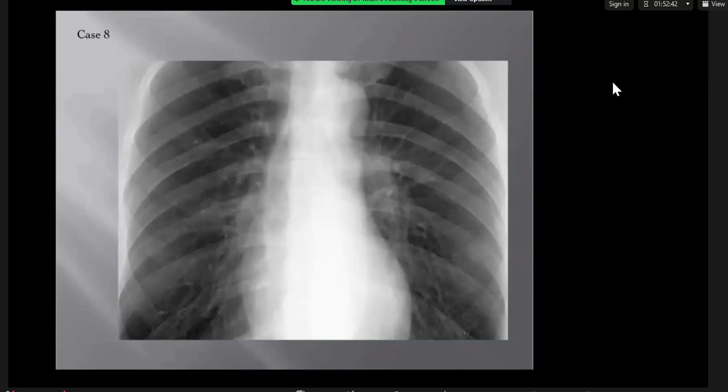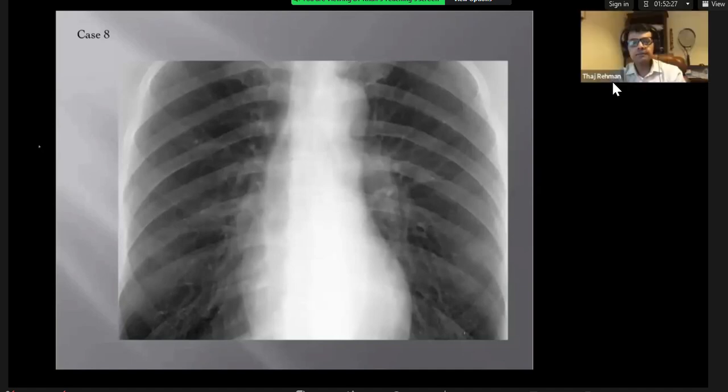The right and left hilar are free. I cannot see any skeletal abnormality. Bones are fine.